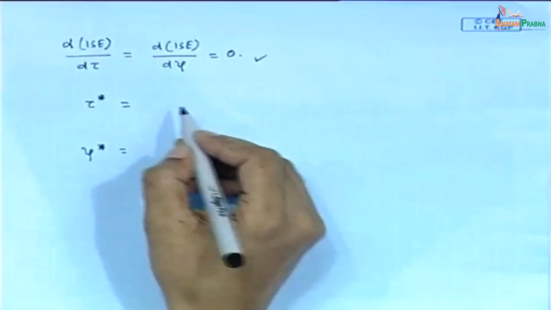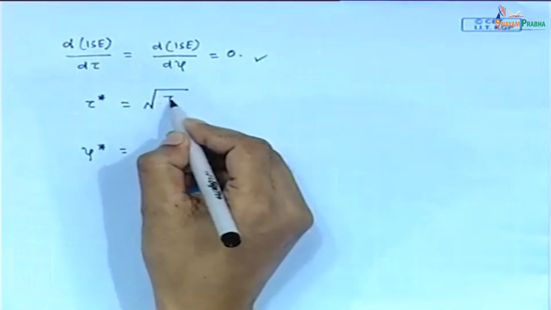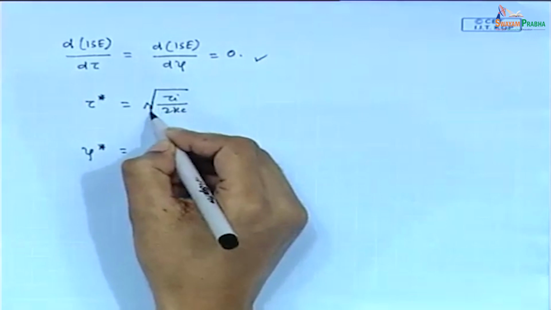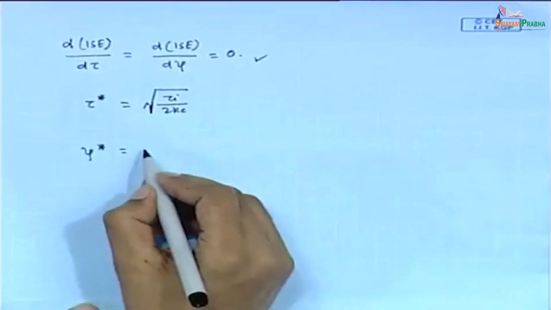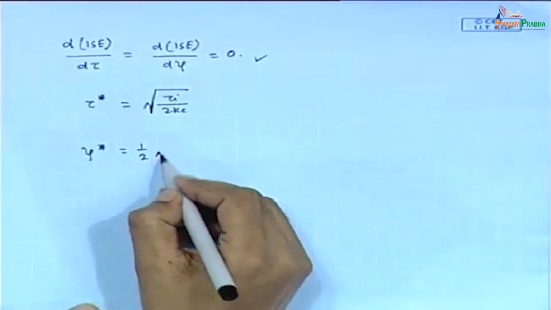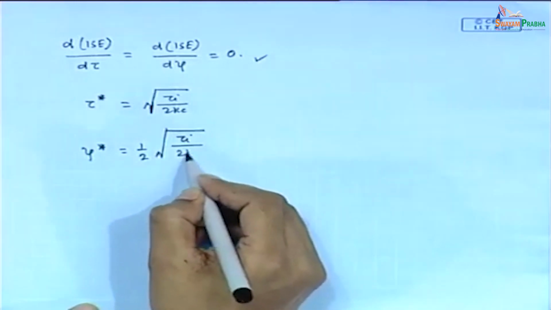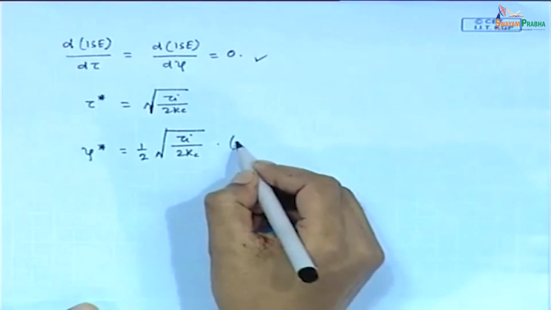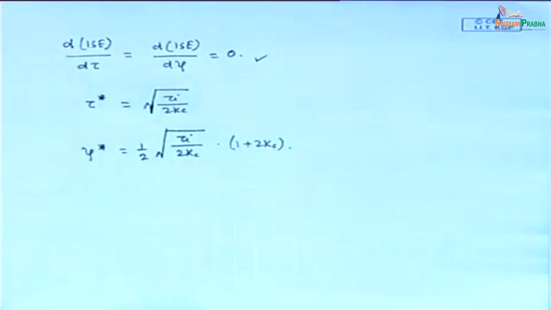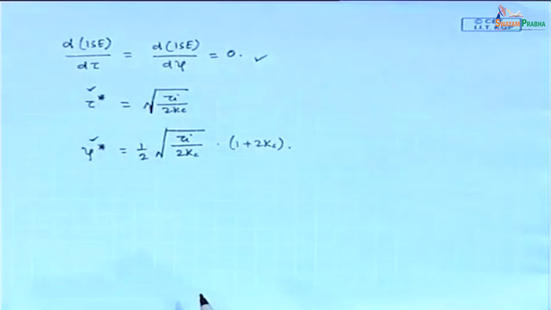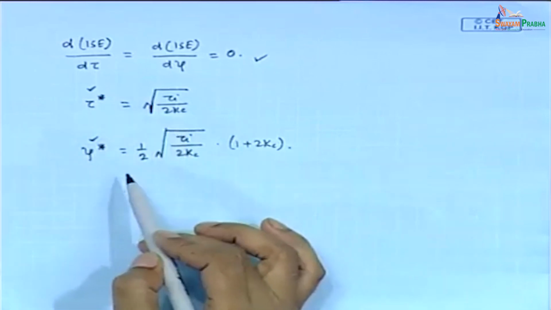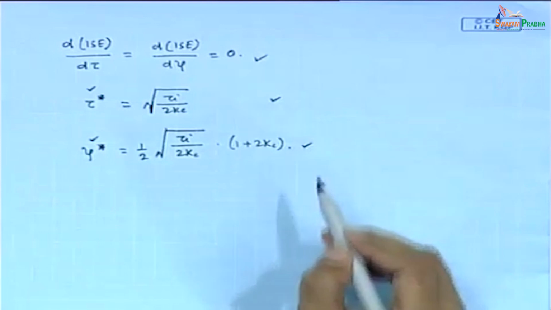Now, we will write tau star equals root over of tau y divided by 2 kc, and similarly zeta star equals half root over of tau y divided by 2 kc multiplied by 1 plus 2 kc. These two values, tau star and zeta star, we obtain by minimizing IAE.